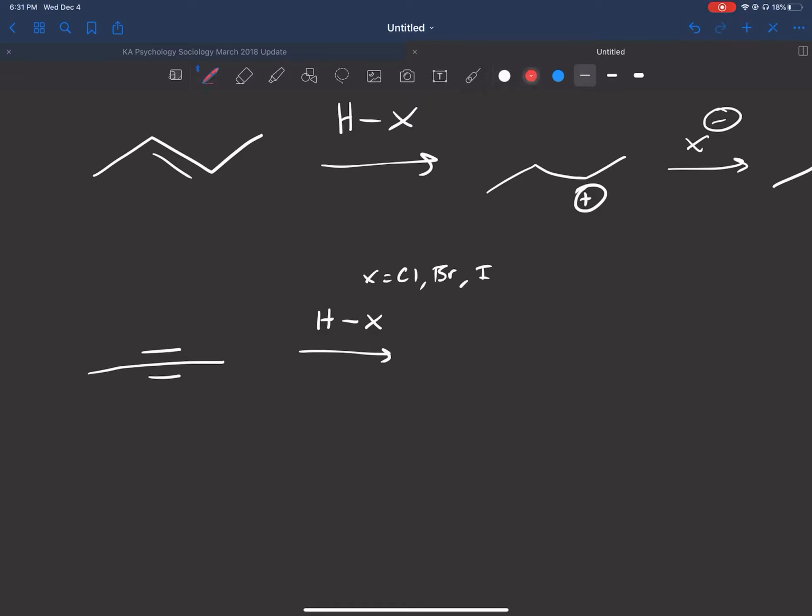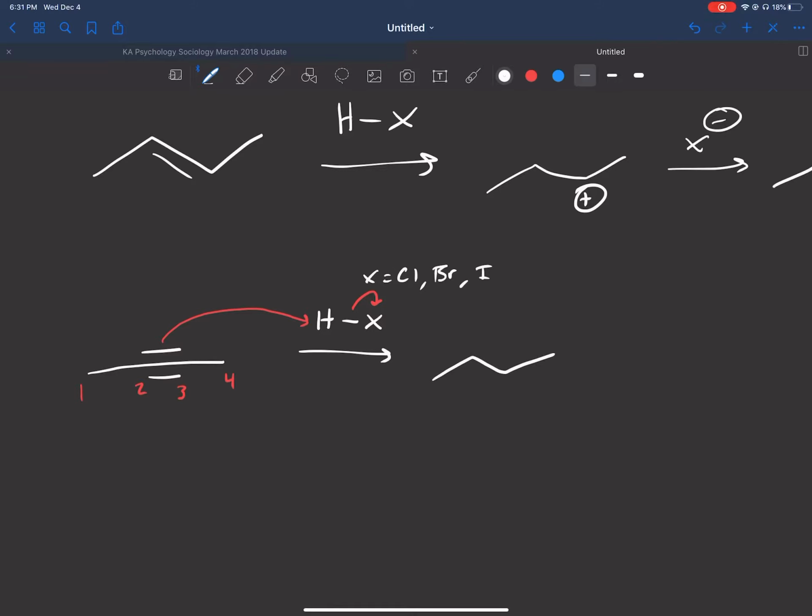So what's going to happen is the triple bond acts very similar to a double bond. The initial arrow is going to attack this H, kick the halogen out. So we're going to have, let's count the carbons first. 1, 2, 3, 4. Okay.